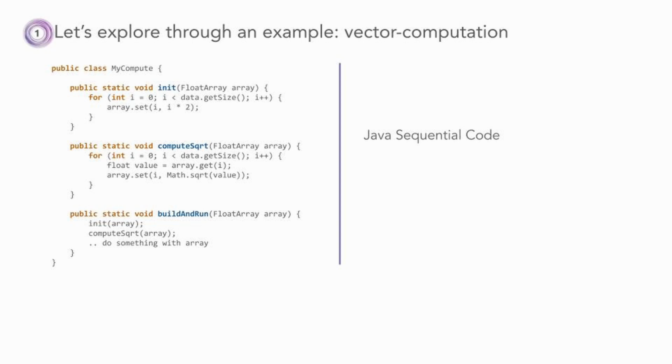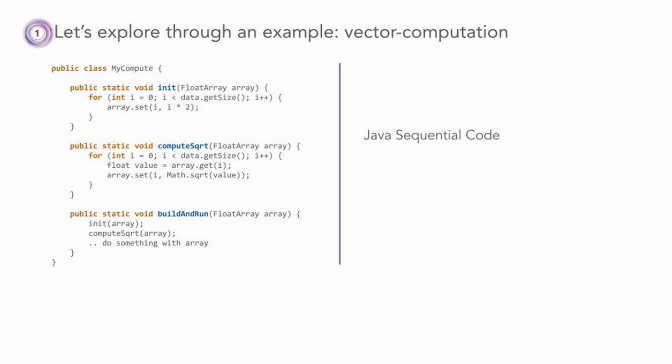One thing to notice, though, is that we have a type called float array. This type is provided by the TornadoVM API as well, and it contains, as the name suggests, an array of floating point numbers, FP32 precision. The array is stored off-heap using the Panama Memory API.